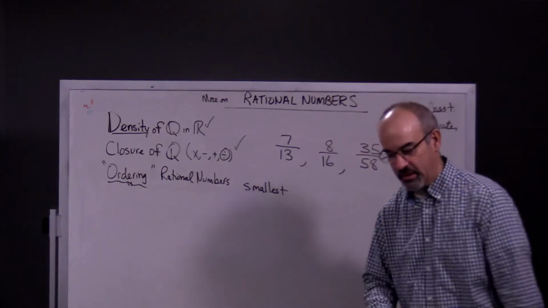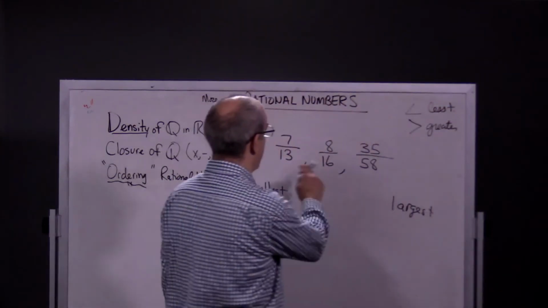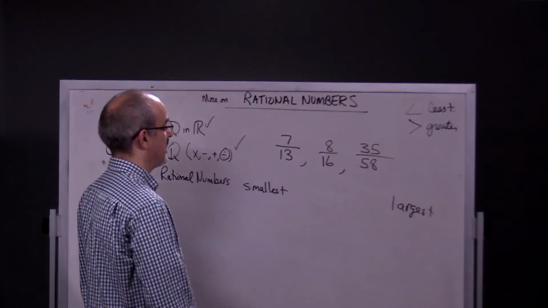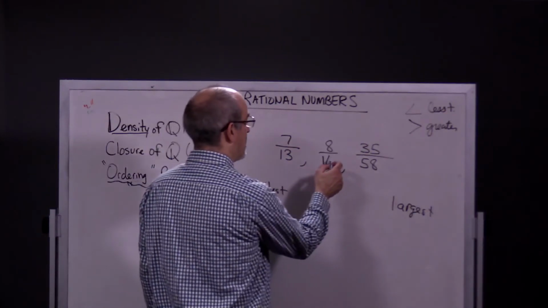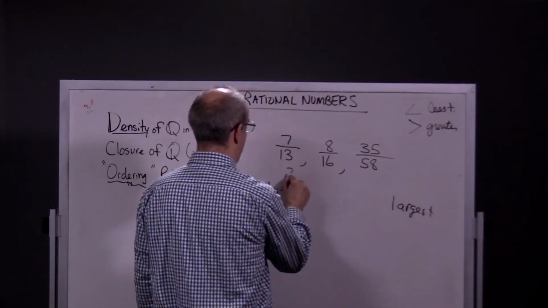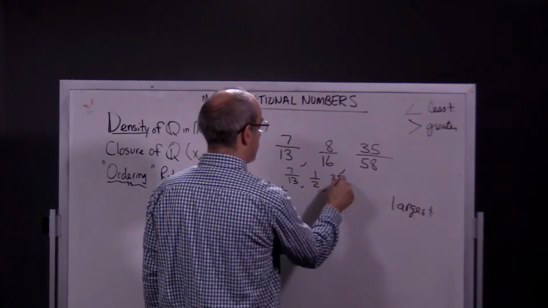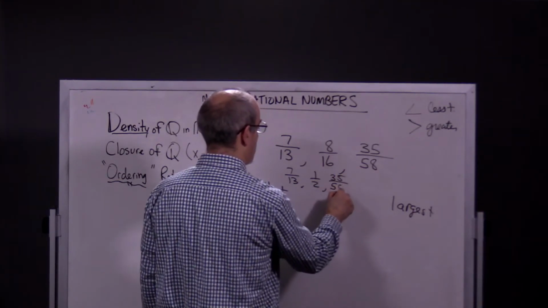So I need to figure out which one is the smallest of these numbers. First of all, I'm going to simplify 8 over 16 to 1/2. So we have 7 over 13, 1/2, and 35 over 58. That can't be simplified, I don't think.